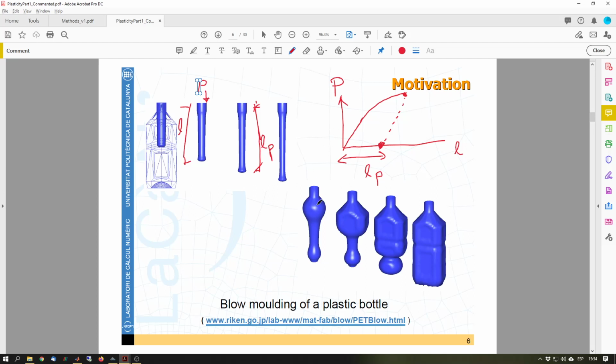Okay, if we keep blowing, with this deformation, of course, we remove the air pressure, and this is the final shape. So it may be beneficial if we have a cast and we want to create a model of a bottle, for instance. This bottle is a result of plastic deformations of that initial material.